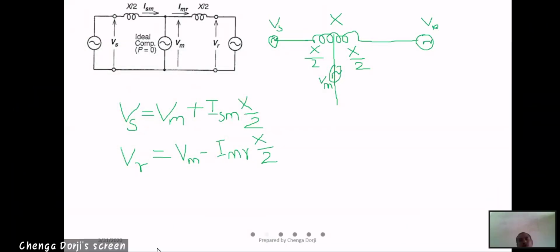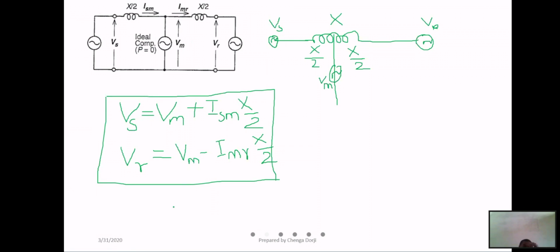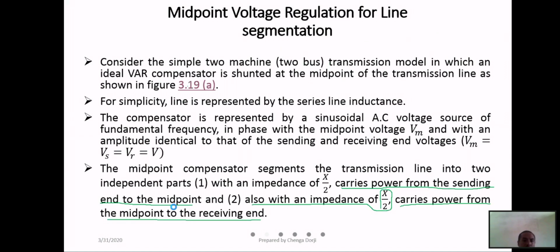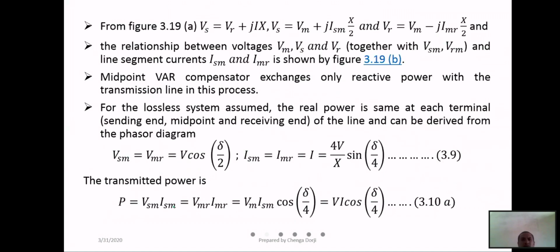So now by using these two equations, can you all draw the phasor diagram? Please draw the phasor diagram by using these two equations. Everyone start drawing and then you find out. So Vs is equal to Vr plus jIX, that is, another equation you have is this, and another one is this.